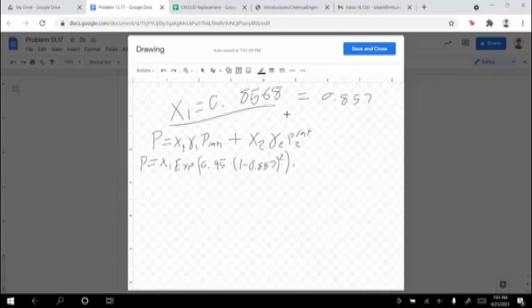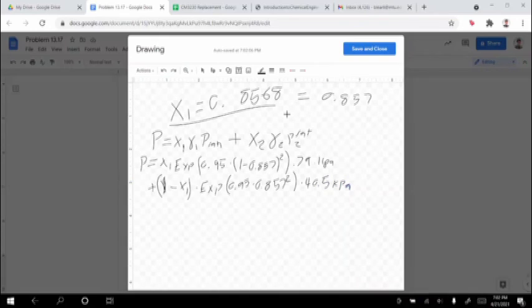multiplied by our 79.8 kilopascals. And this is going to be plus, not x2, 1 minus x1 multiplied by the exponential of 0.95 multiplied by our 0.857 squared, and multiplied by our P2 sat of 40.5 kilopascals.